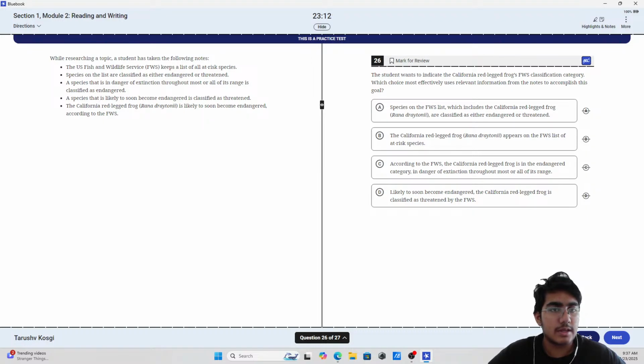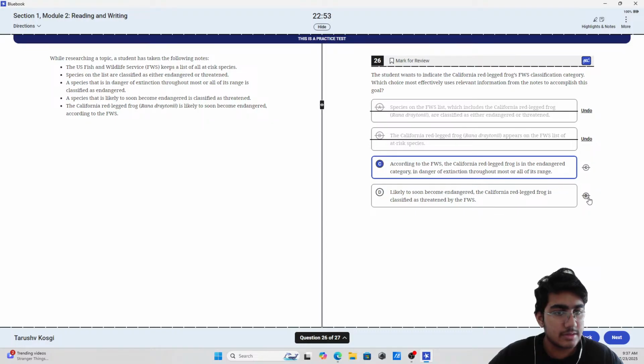The student wants to indicate the California red-legged frog's FWS classifications. So this is about the list. This is just saying it's on the list. Endangered category, but it's classified as threatened.